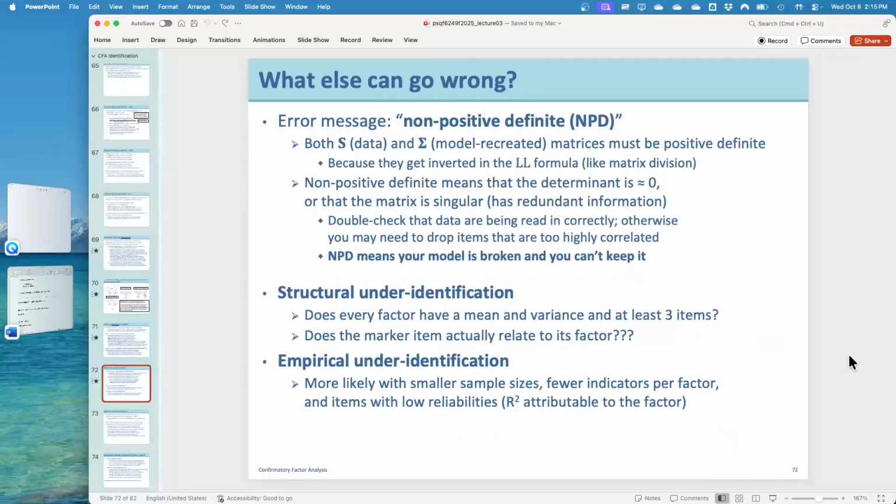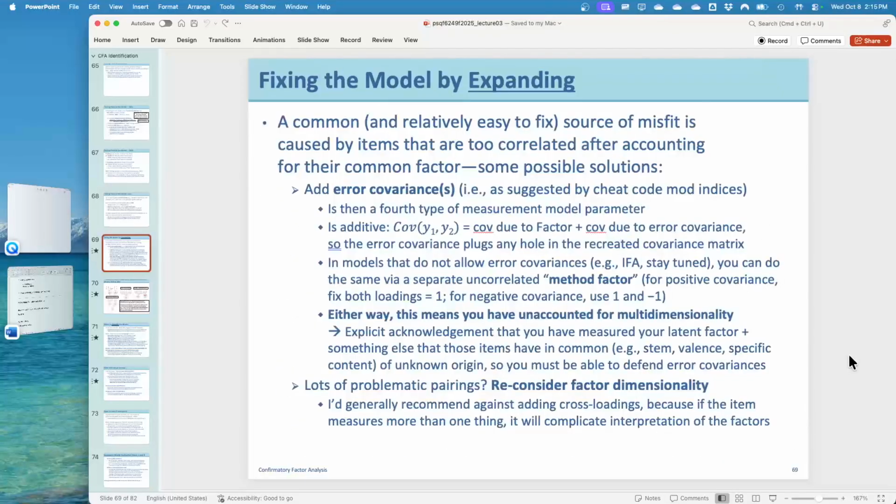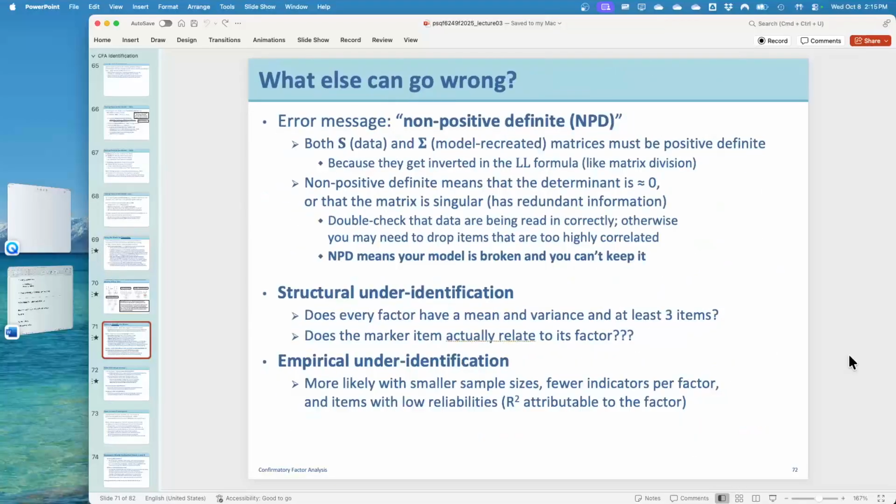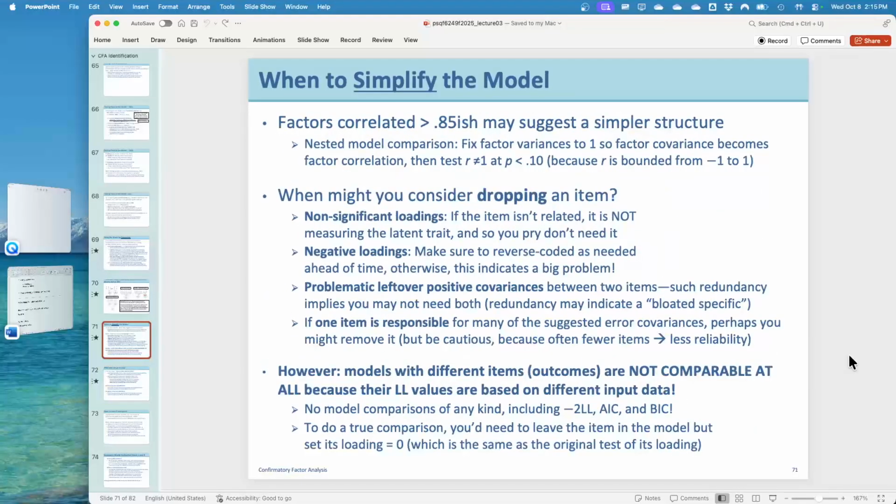unless you're in a case where it's very obvious that you need some type of methodological factor to control for some design consideration, which is limited, more often than not, dropping items is your only recourse. Particularly if you're trying to build a unidimensional scale, one factor, because you can't add anything more to it. Right?